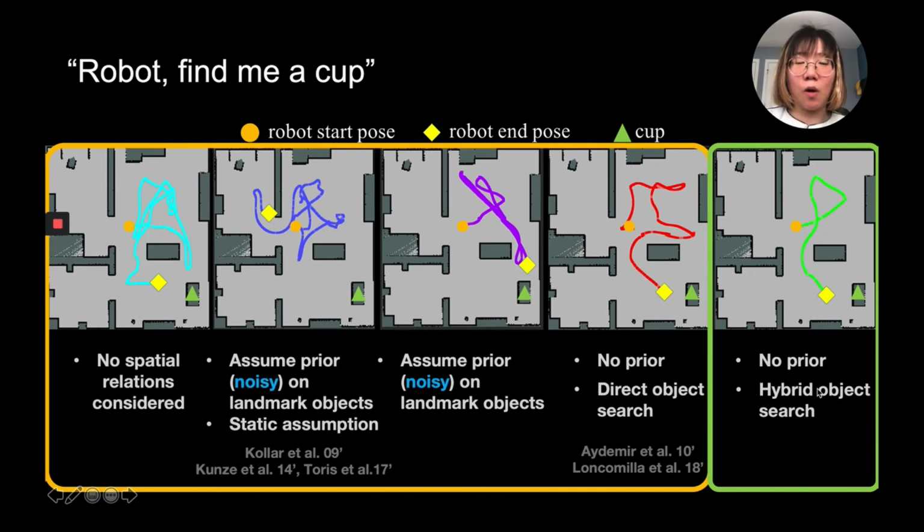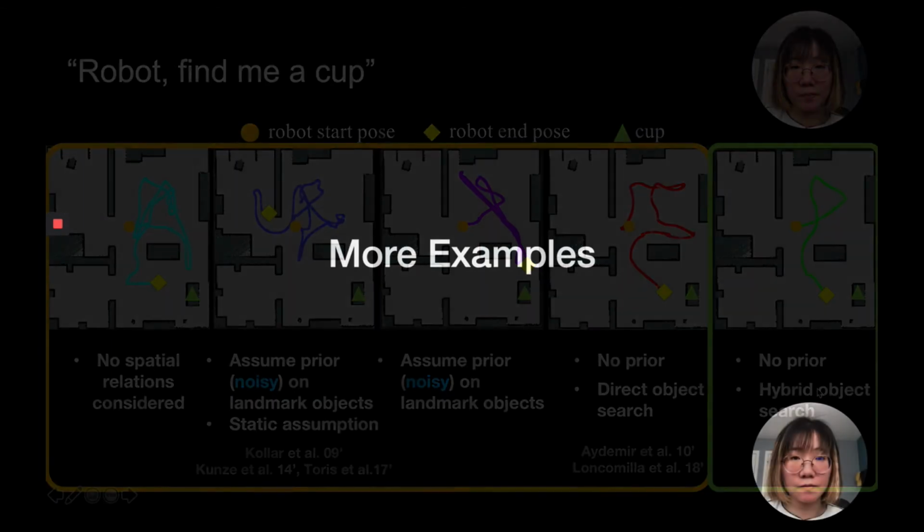We also did quantitative evaluations of our method versus these existing methods on searching for objects in the same simulation environment, and we have shown that our method consistently outperforms the other existing methods. Please refer to our paper for the details on those quantitative evaluations.